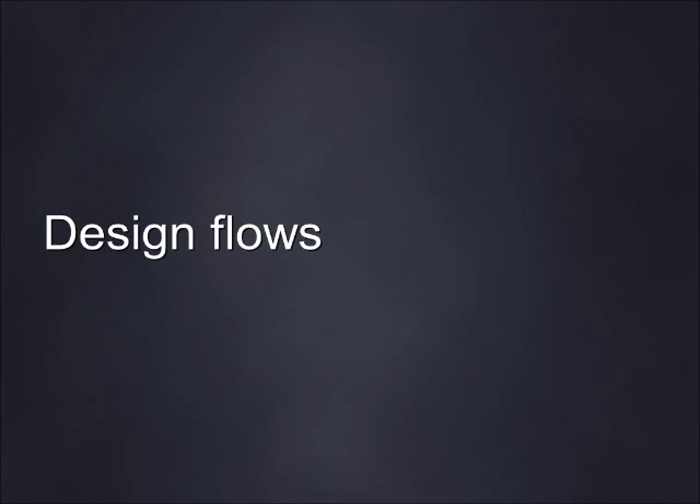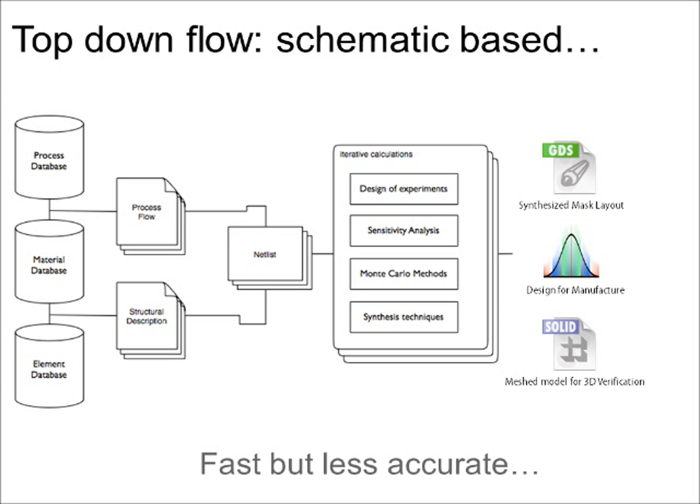So first, before you even start debugging your process flow, during your design phase, there are two major approaches that you can take. So there's the top-down approach, in which you have a structural description or a schematic layout of your MEMS device along with your process flow information.